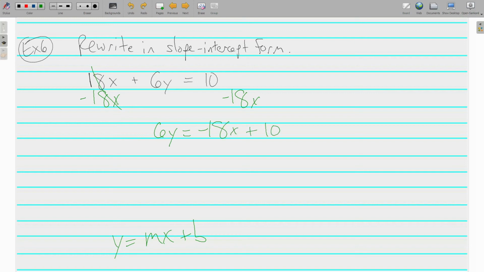And now get rid of that 6. Everything gets divided by 6. So we're left with y is equal to negative 3x plus, that's kind of an ugly y-intercept. We're going to reduce it: 5/3.